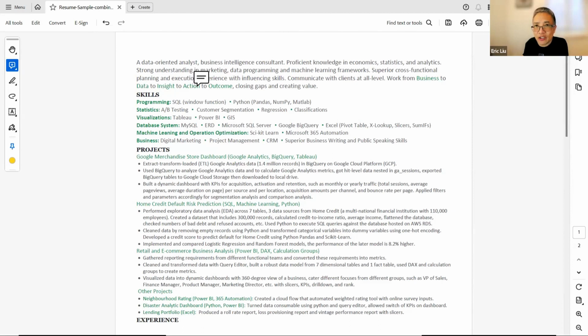If the hiring manager asks you to introduce yourself, you will say: I am a data-oriented analyst, business intelligence consultant, proficient in economic statistics and analytics, with a strong understanding of marketing, data programming, and machine learning frameworks, superior cross-functional planning and execution experience with influencing skill, communicating with clients at all levels, some soft skills, working from business to data to insight to action to outcome, closing gaps and creating value.